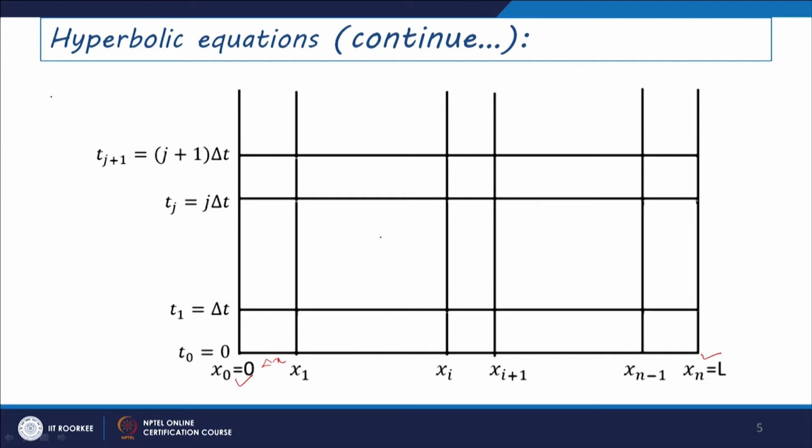Similarly, we assume the time scale coordinates with del t, and each of these time increments adds del t at each level. That is why at the jth level we have the coordinate j del t.